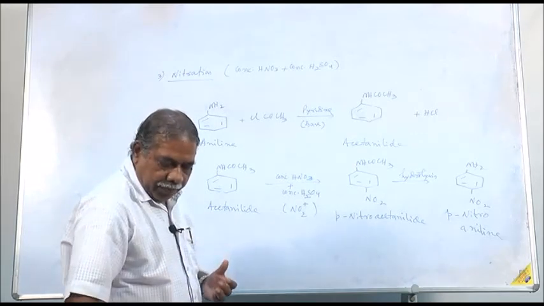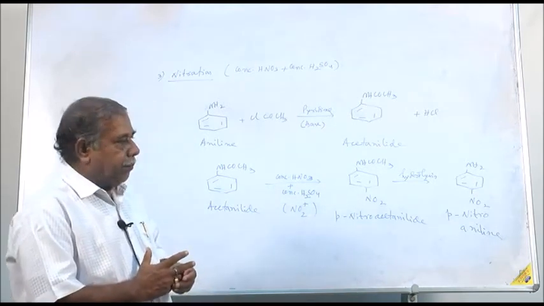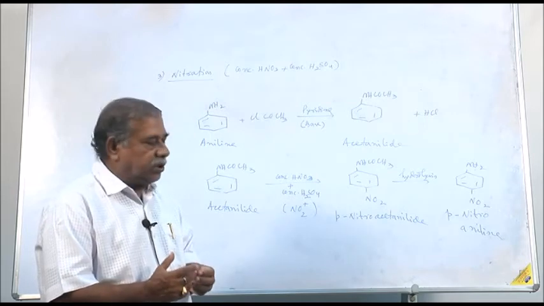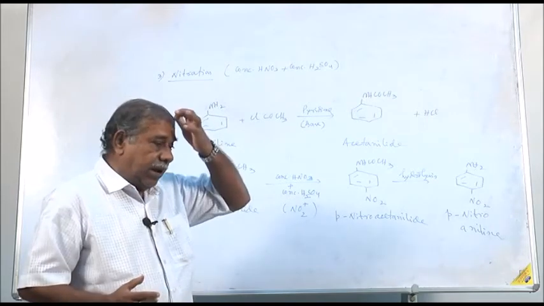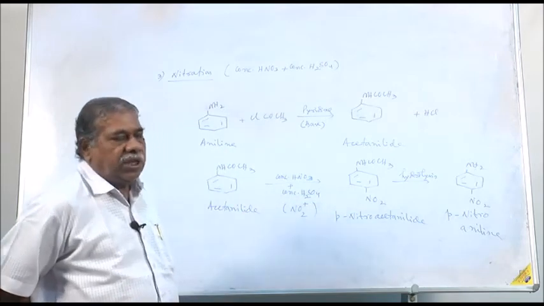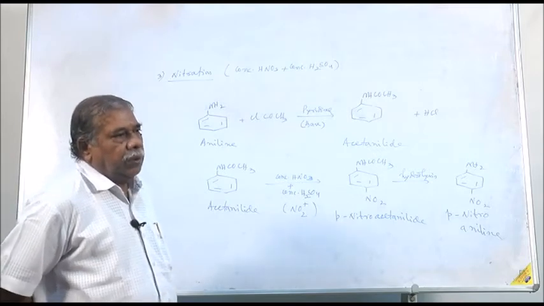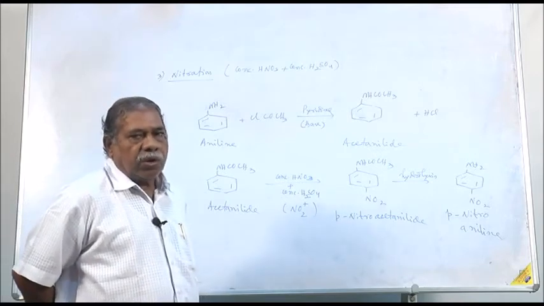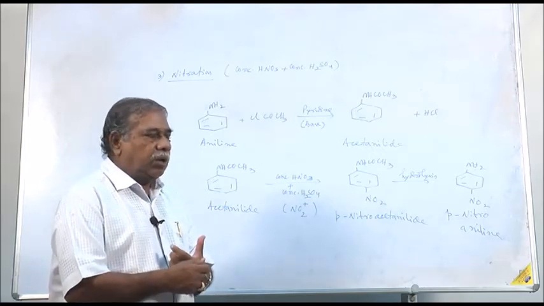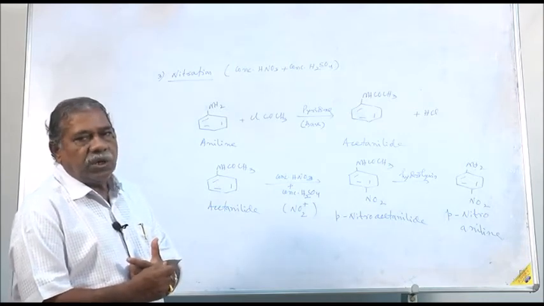During electrophilic substitution, a question will be asked why it gives ortho-para substituted products. The reason I have already told you. Since it is capable of increasing the electron density at ortho and para positions, the second electrophile, which is either a positive charge or a neutral molecule having a deficiency of electrons, will attack a place where there is more electron density.